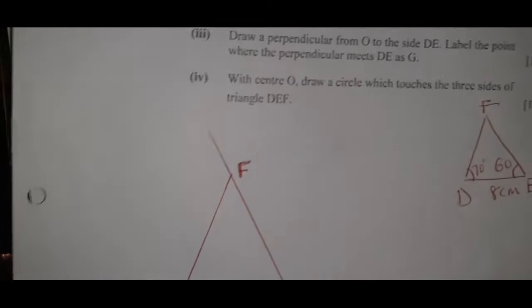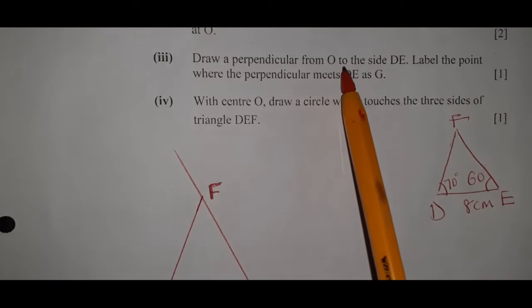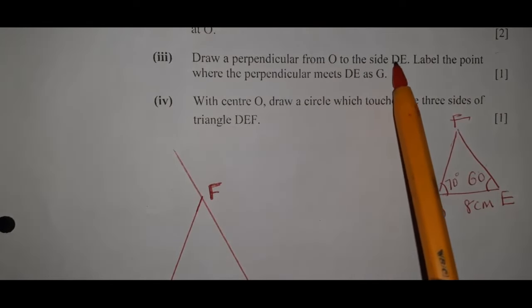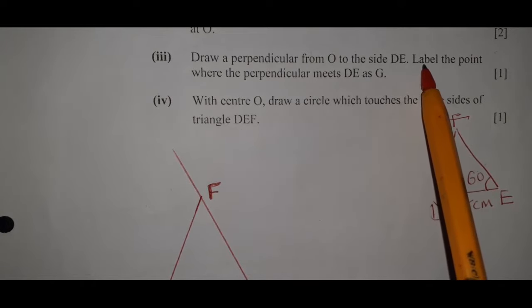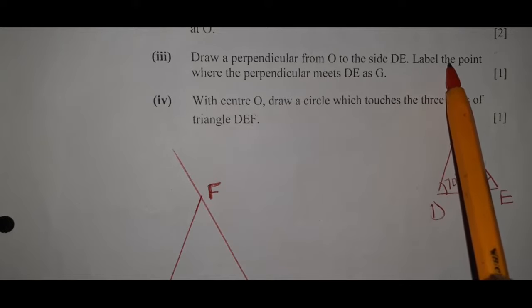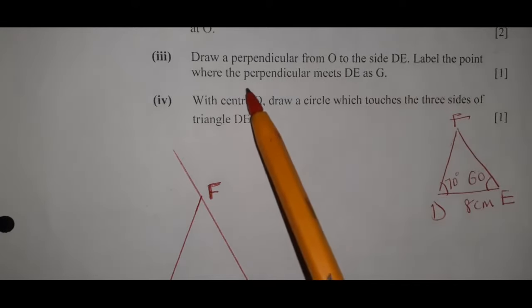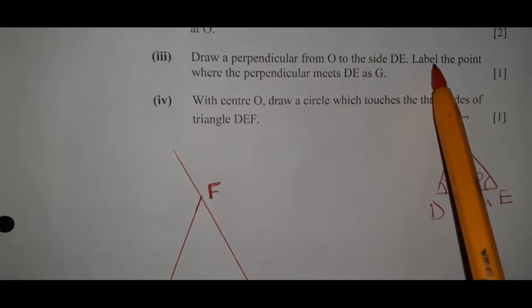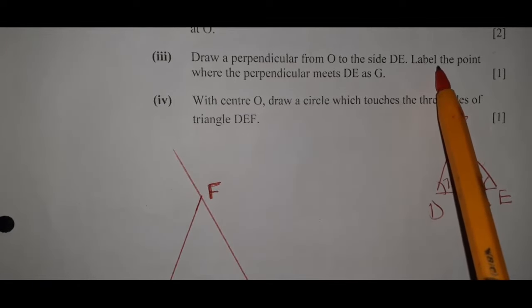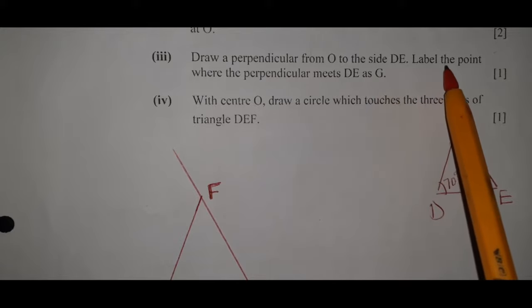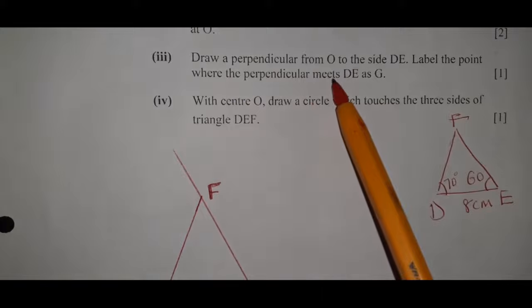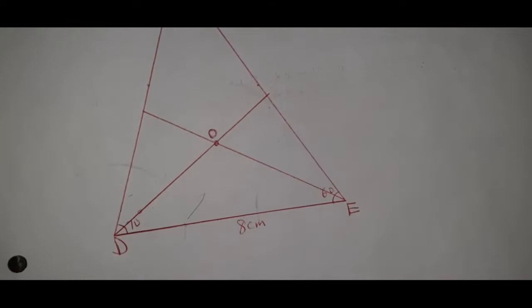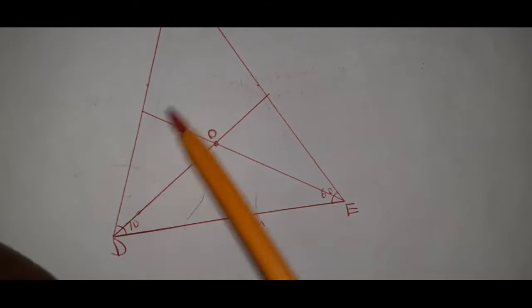Okay. Draw a perpendicular from O to the side DE. Label the point where the perpendicular meets DE. Okay. So, how do we do it here?